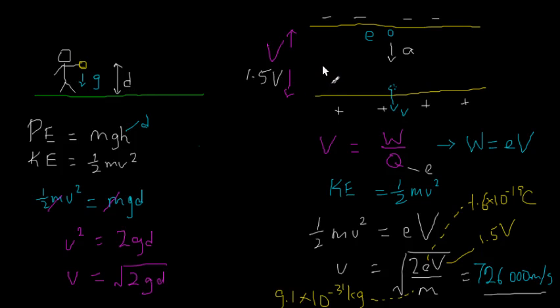So I want to calculate the motion of the electron. If it is given, say, a horizontal velocity in this example, we would expect it to curve under the electric force. So let's see how we would calculate this.